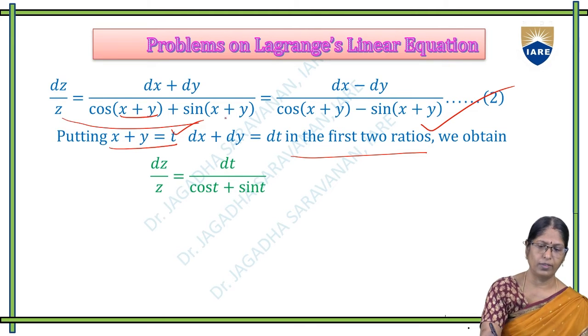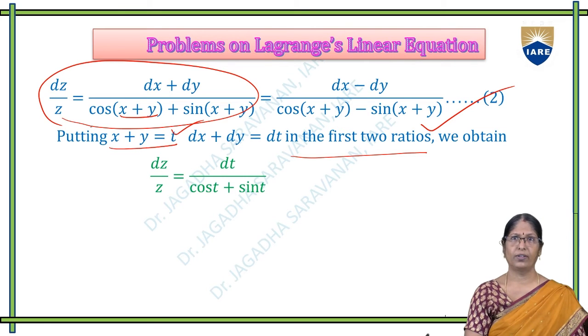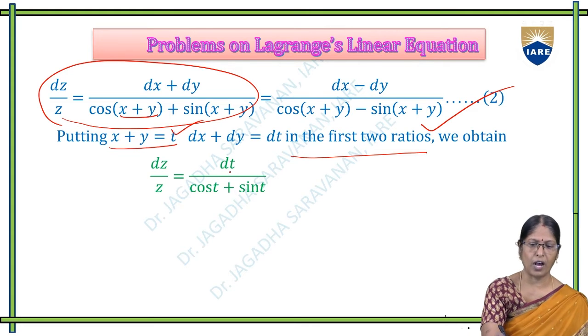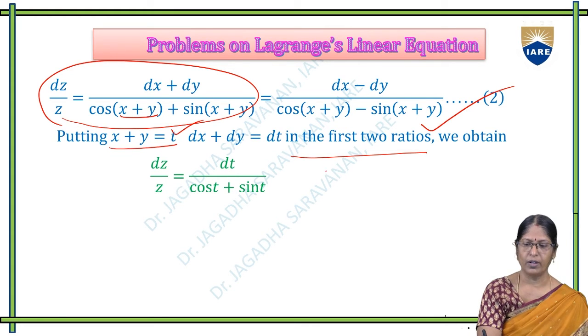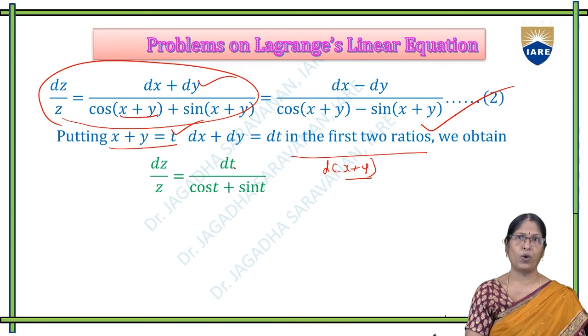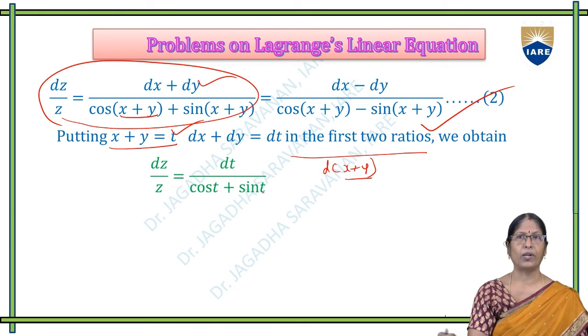First, this we will concentrate on: dz by z equal to dt, that is the upper one, we can write d of x plus y. Now x plus y is nothing but t. So dt divided by cos t plus sin t.